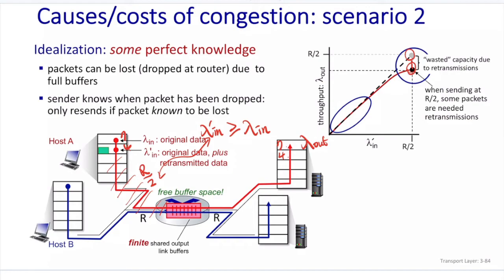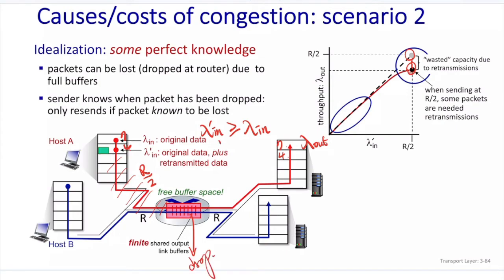Because at the left hand side, host A should spend some link capacity to retransmit the data that was dropped right here.